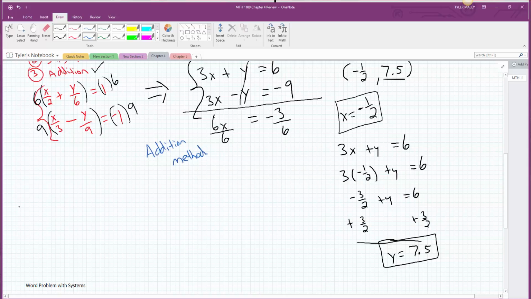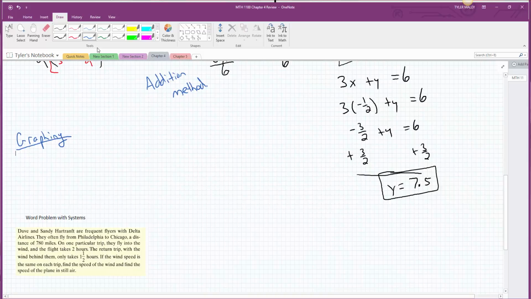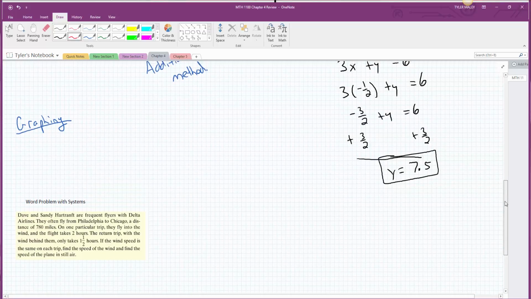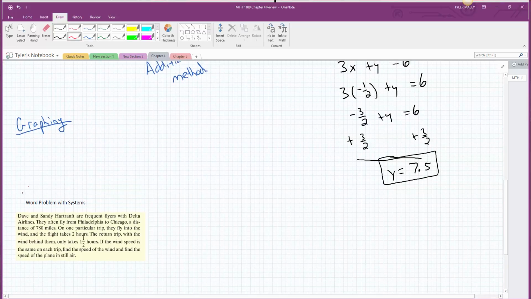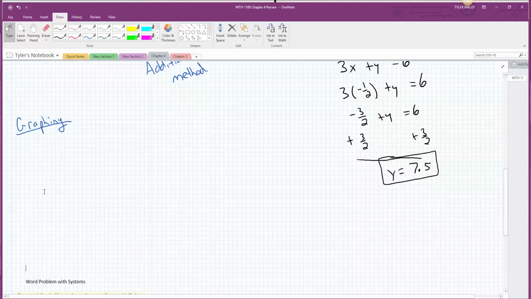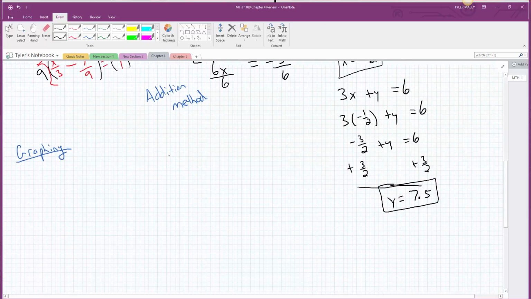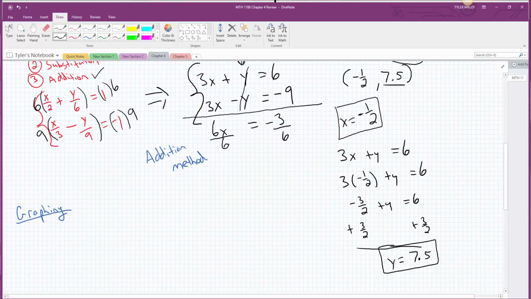Now let's do this by graphing. Again, I'm just going to start with the system where we multiplied by 6 and 9 to make it easier, because we already did that work, so no need to replicate.